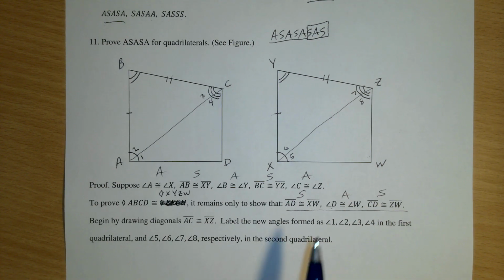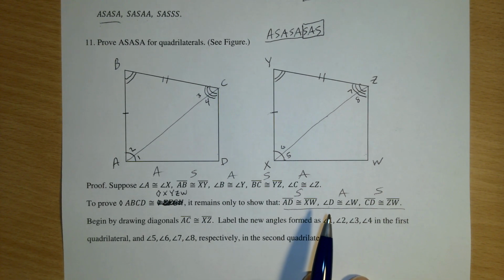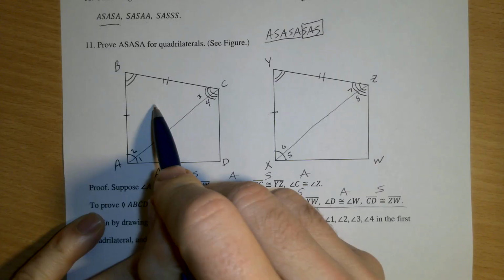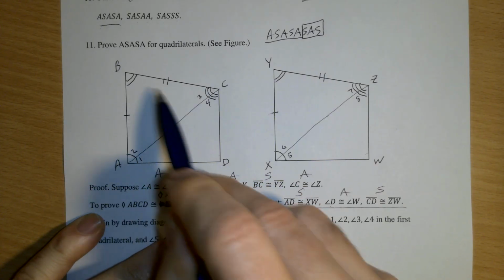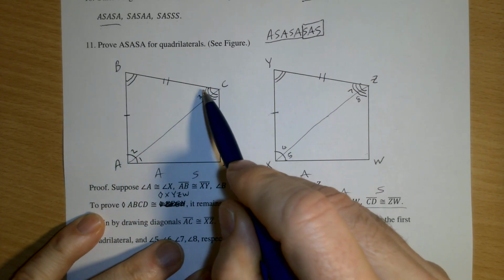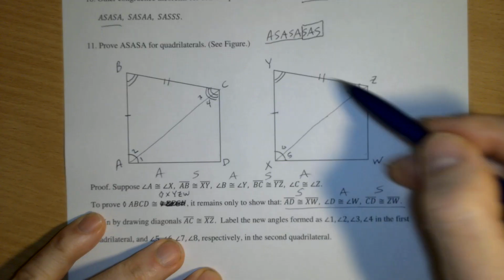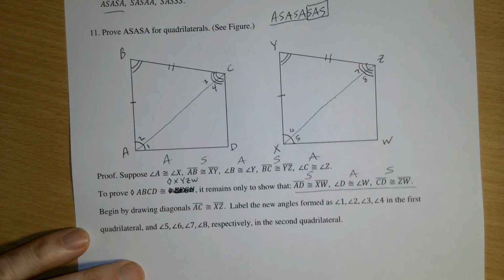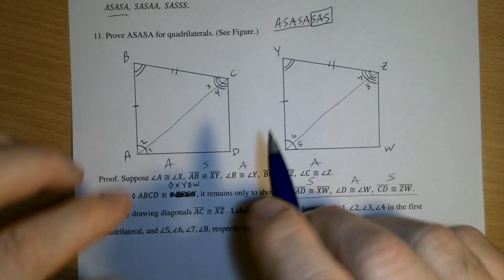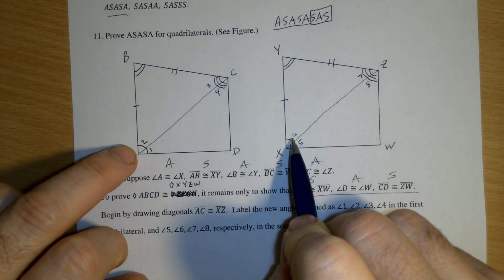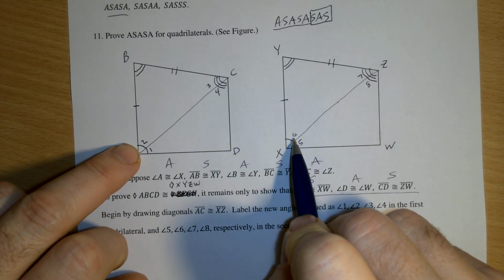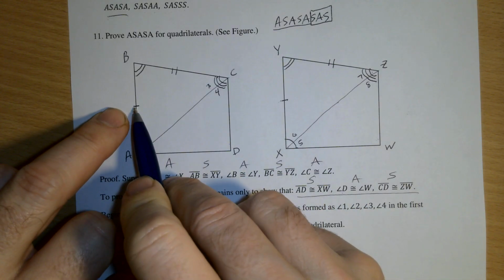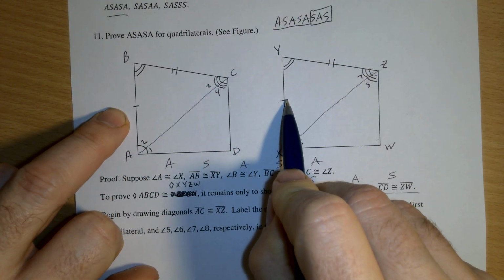All right, so now what can we do? Let's take a look at this triangle, the upper left one, ABC, and XYZ. Is there anything we can say about those 2 triangles? Well, I don't know that angle 2 is equal to angle 6, but I do know that this side is the same as that side.